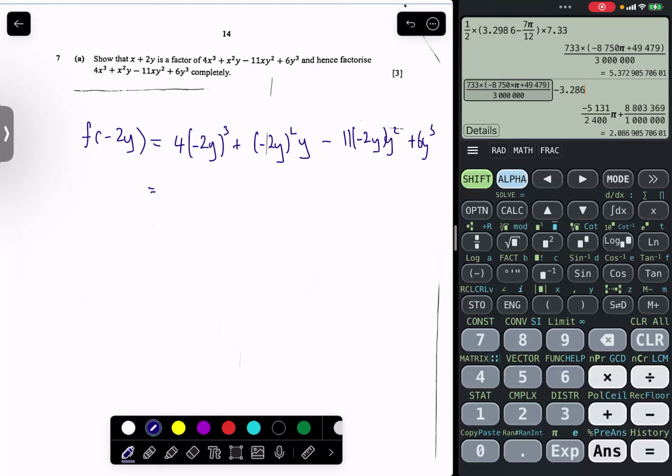So that will be negative 32y cubed plus 4y cubed plus 22y cubed plus 6y cubed equals 0. Therefore, x plus 2y is a factor.